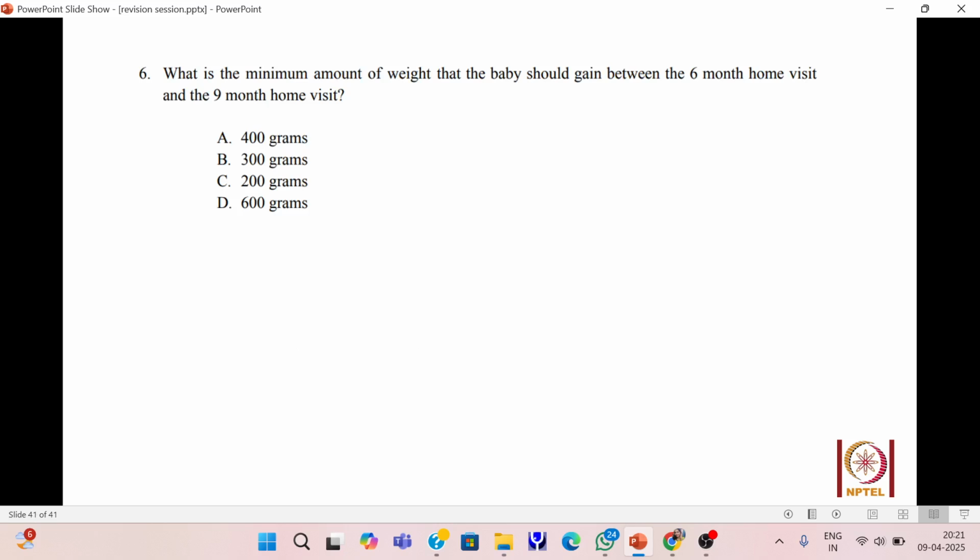Moving on to the next, what is the minimum amount of weight that the baby should gain between the 6th month and the 9th month home visit? 400 grams, 300 grams, 200 grams, 600 grams.